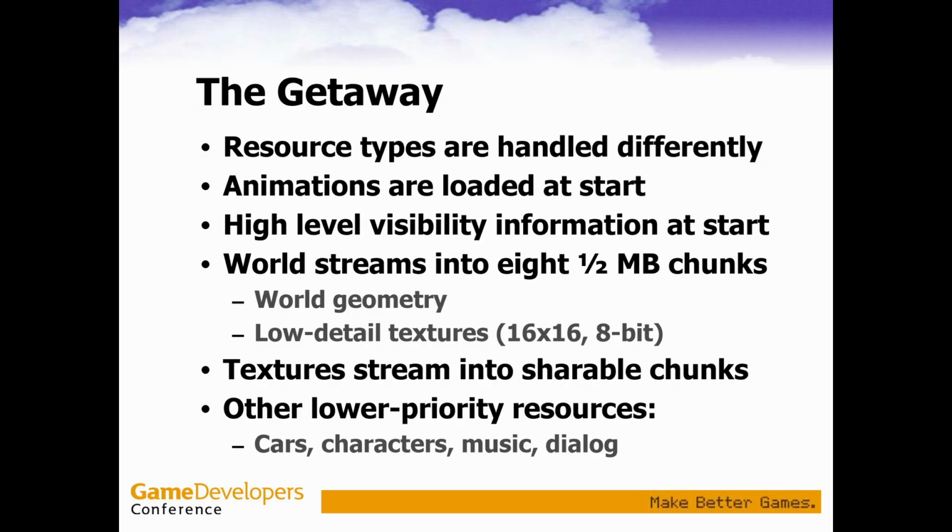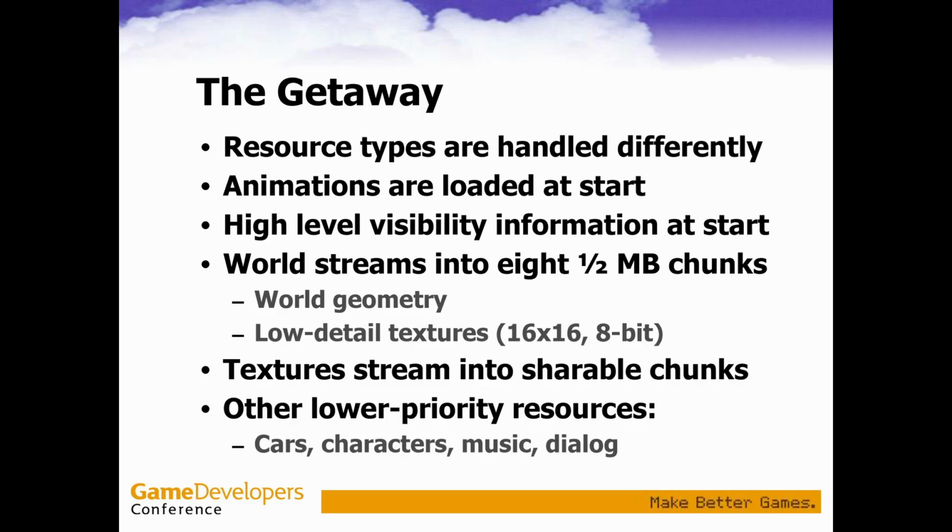So one interesting difference between the Getaway and Surreal's engine is that the resources are handled very differently. The big advantage to that is that you can group them together and load them in big chunks instead of individually. The animations are all loaded at the start, and high-level visibility information is also loaded.